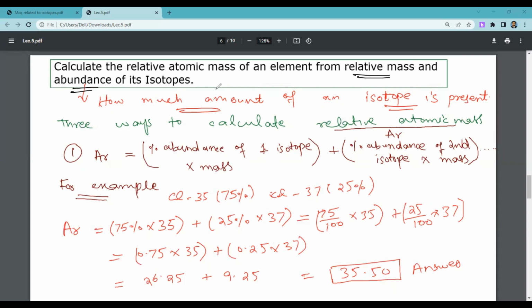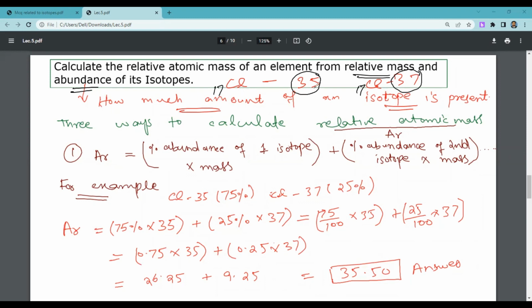For example, chlorine has 2 isotopes, chlorine 35 and chlorine 37. I am not showing it by its atomic number, because this element has the same atomic number, that is 17. So I am not writing it down. I am showing it by its atomic mass, because it differs.